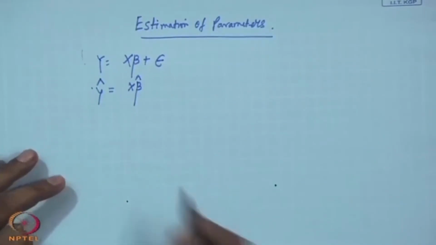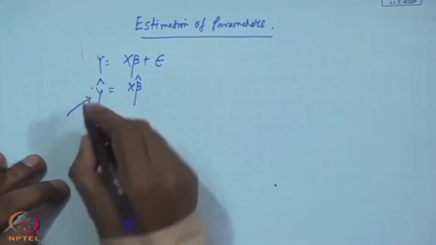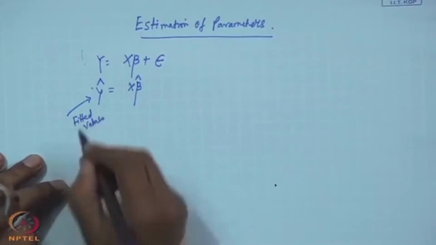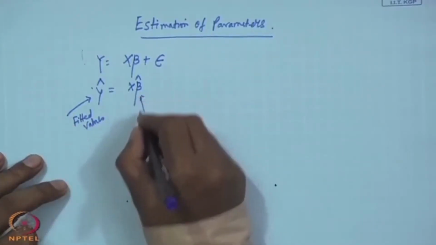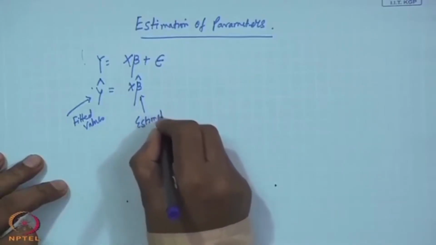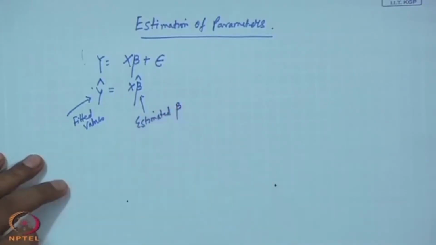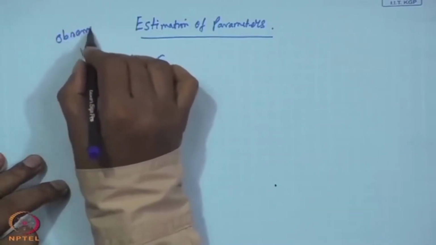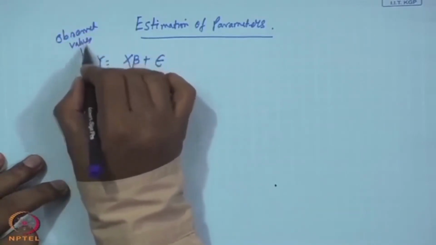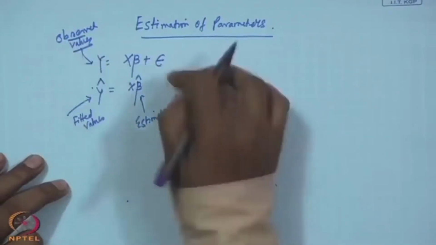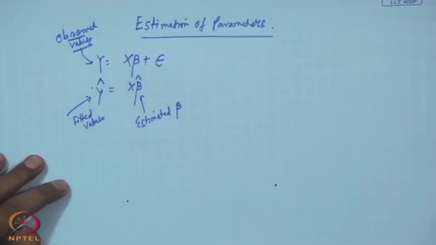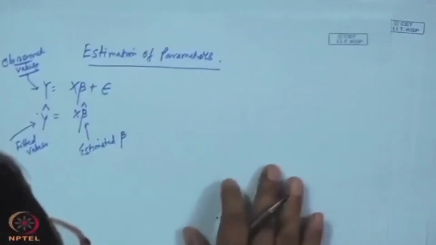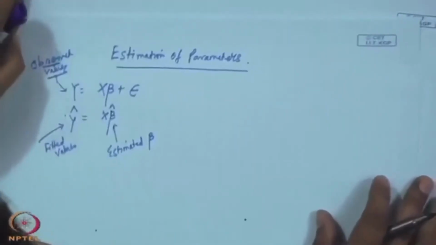This is our fitted values. This is the estimated parameter, estimated beta. These are observed values. And this you know the error term. Okay. So I have something more to say here.